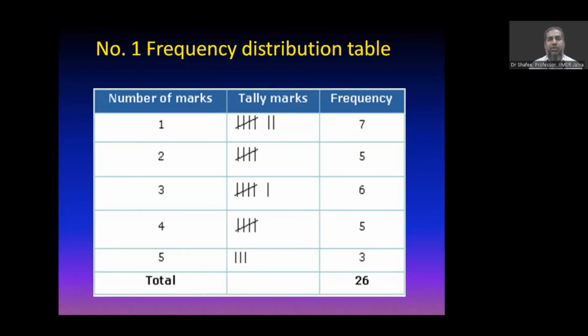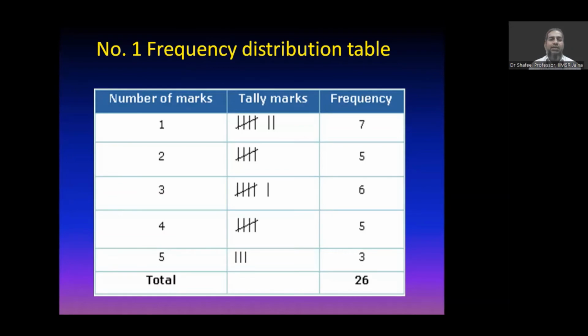So the method of putting tally marks is 1, 2, 3, 4, and the 5th tally mark should be crossing all the 4. So you will come to know that these are the 5 observations, and after that 1 or 2 like this. If many students have 2 marks, then again you have to put the tally marks 1, 2, 3, 4, and then strike it by the 5th line.